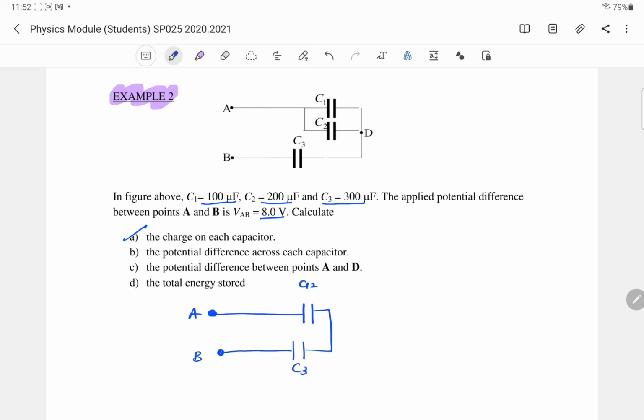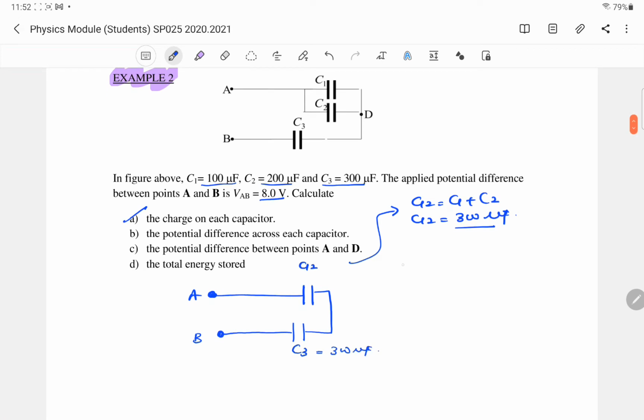Charge in series is same. So C12 we can calculate like this. C12 equals to C1 plus C2. So C12 equal to 300 microfarad. Okay, C3 is 300 microfarad.